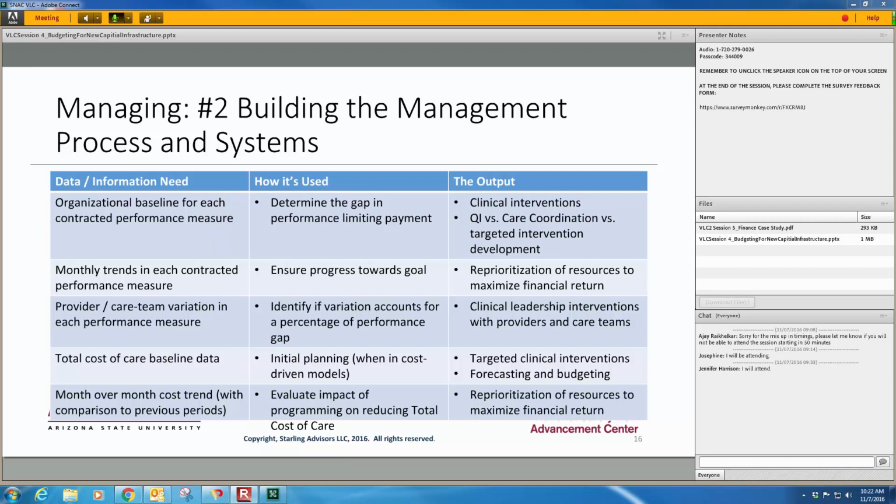And we recommend month-over-month cost trending with comparison to previous periods. So you'll probably want to look not just at how cost trends compare to last month, but how May of 2016 compared to May of 2015. There are some interesting anomalies in cost data that are very seasonal in nature, and I'm sure you're fairly familiar with this.